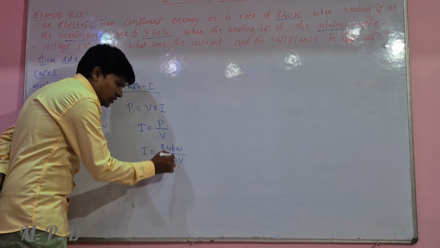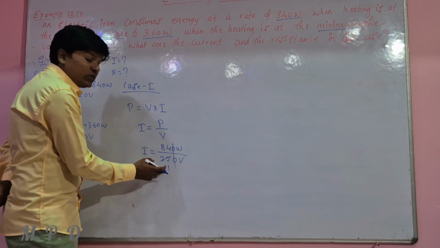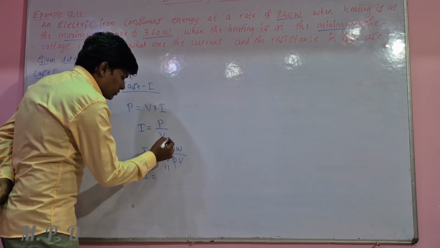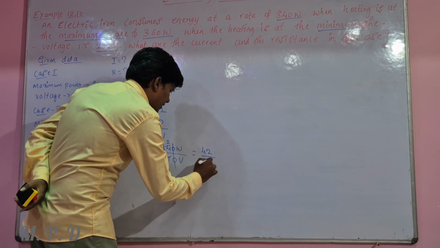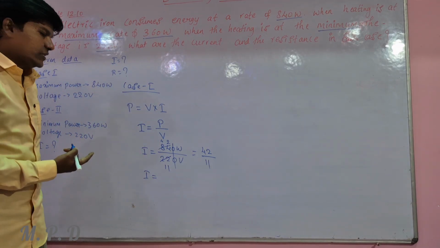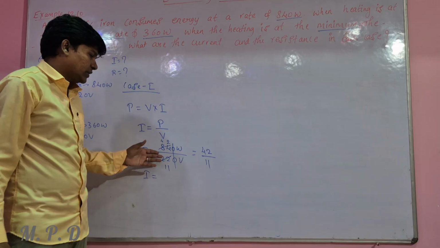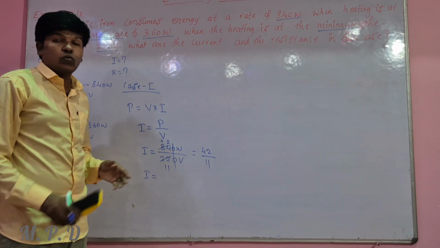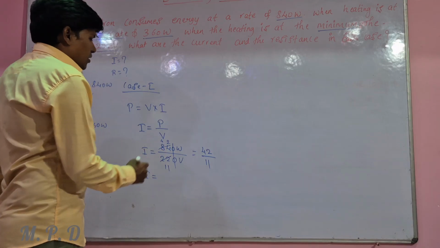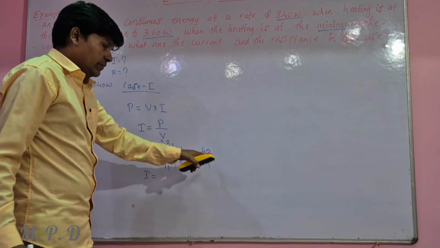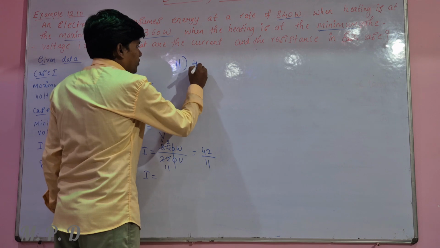Now we can cancel two zeros, so I is equal to 84 divided by 22. Then we can also cancel by 2, so I becomes 42 divided by 11. Is it clear? We can divide it directly.